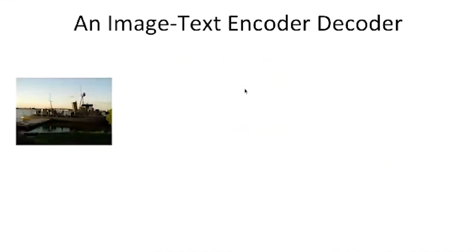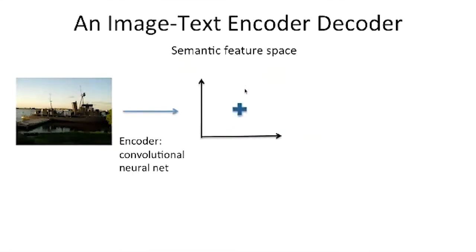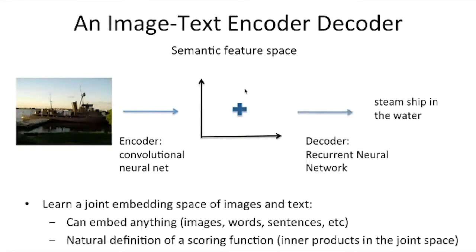Generally, when you think about these systems, what's happening is that you have an image, you encode it using a convolutional neural network into some feature space. Typically, it's a continuous feature space, typically 300 or 500 dimensional. And then, given the feature space, you decode it using a recurrent neural network or language model into the sentence.